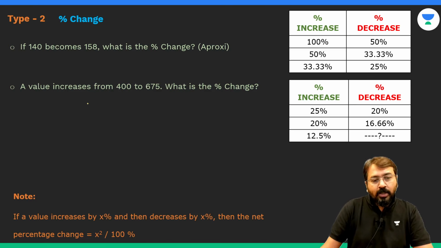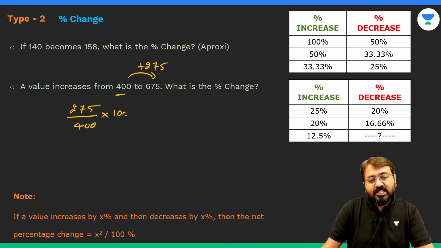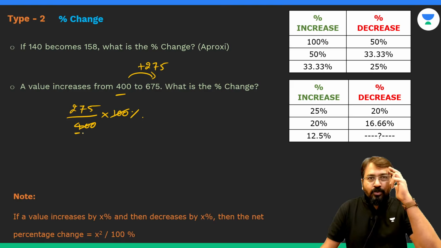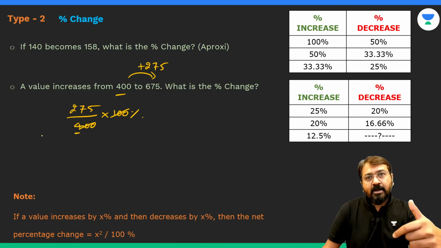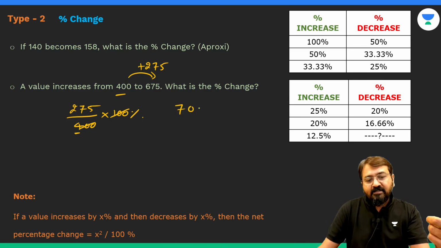Of course, I can make out this is an increase of 275 over 400. So my percentage change will be 275 divided by 400 into 100. Instead of writing all these things, you should be able to clearly figure out that my answer is going to be 275 by 4. You can think in your mind that 280 divided by 4 is 70 and 5 divided by 4 is 1.25, so this is going to be 68.75.